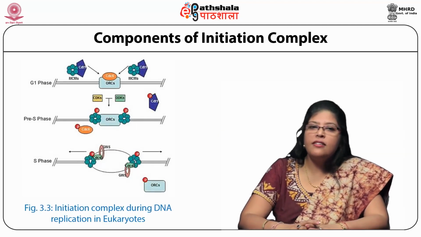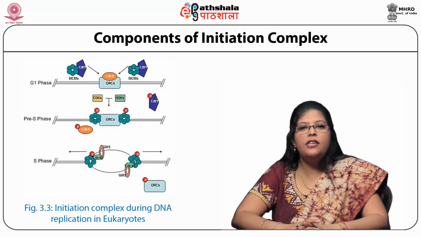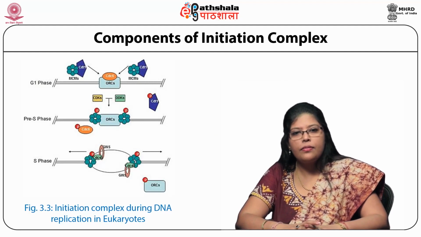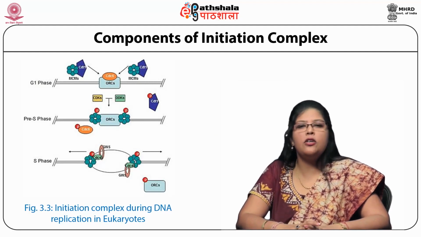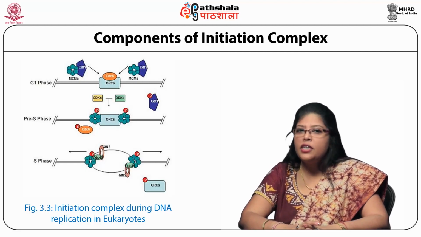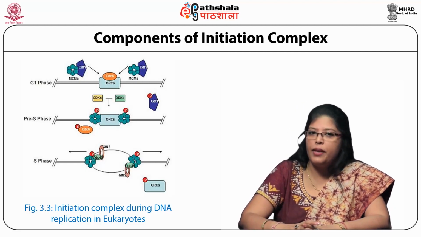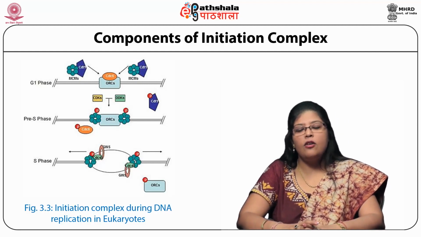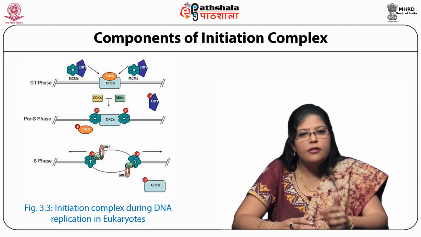We will now discuss the various components of the initiation complex in case of eukaryotic DNA replication. The assembly of the pre-replication complex triggers the initiation of DNA replication. This pre-replication complex includes several proteins.